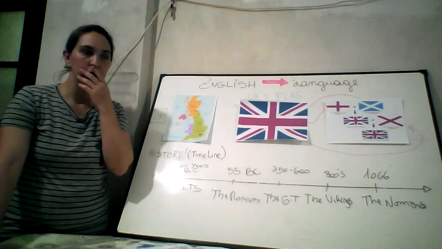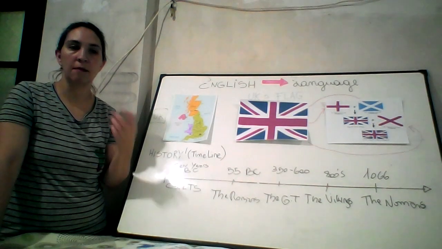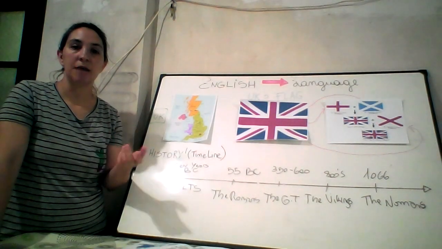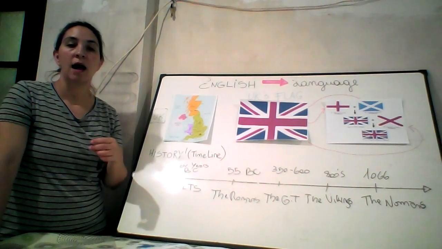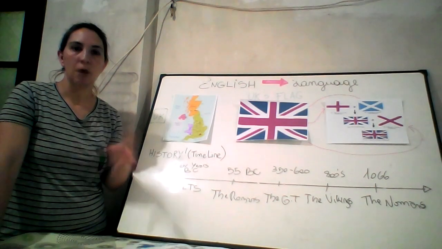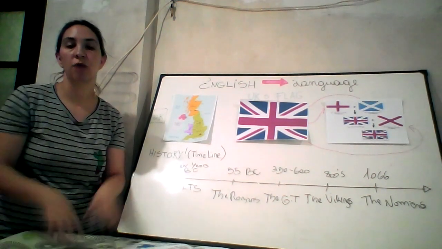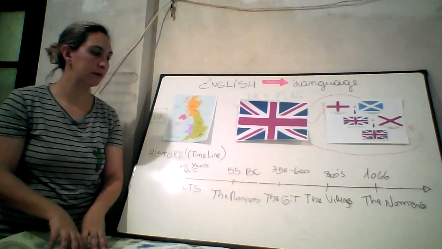It's useful to mention that the Celts were taken as slaves, but some of them escaped to Scotland, Ireland, and Wales, and that's why nowadays Celtic forms are still spoken there.